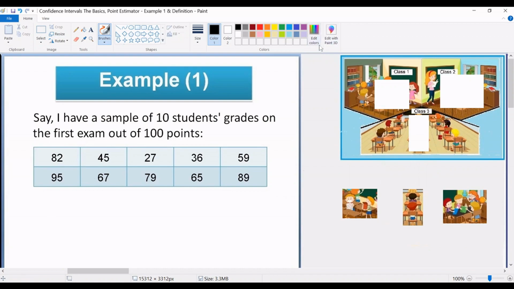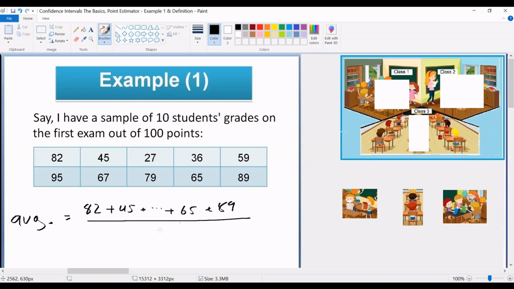And if I chose to, we can find the average of these 10 students by adding up all these values and dividing by the number of students I sampled, in this case 10. This would give us the average of these 10 students to be 64.4.